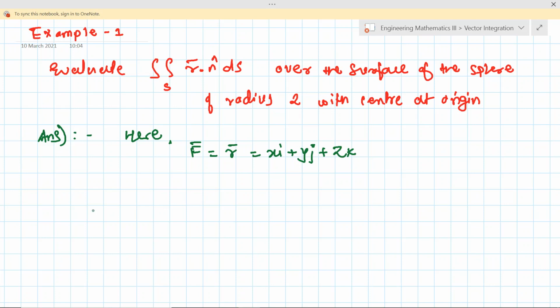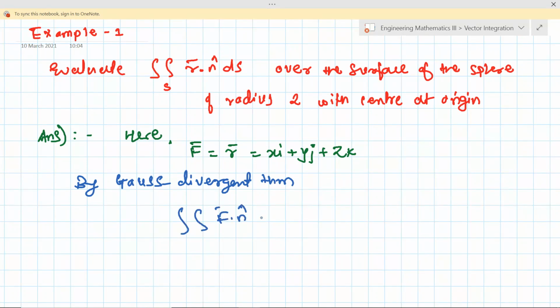We are interested in the surface integral, but by the divergence theorem, this surface integral is the same as the volume integral. So by the Gauss divergence theorem, the surface integral of a bar dot n cap ds over S is the same as the volume integral of del dot a bar dv over V. Call it 1.